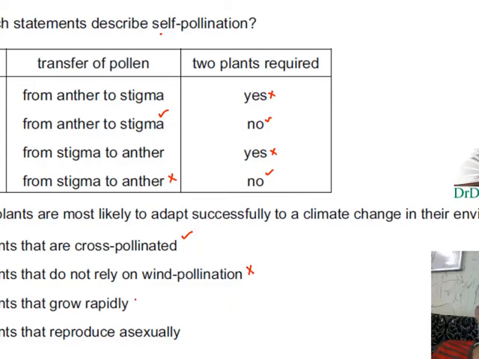Plants that grow rapidly, no, it has nothing to do with producing variations. Plants that reproduce asexually, no, asexually reproducing plants will be identical or clones of each other. So the plants that are cross-pollinated will have more variations, so they will be adapted to the climatic changes. So the answer for this question should be A.